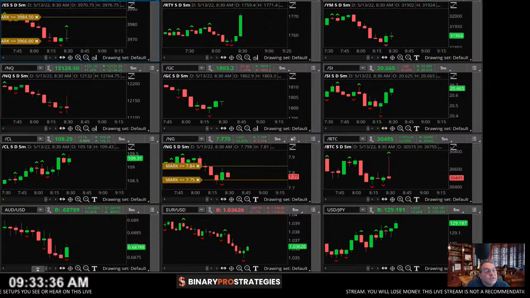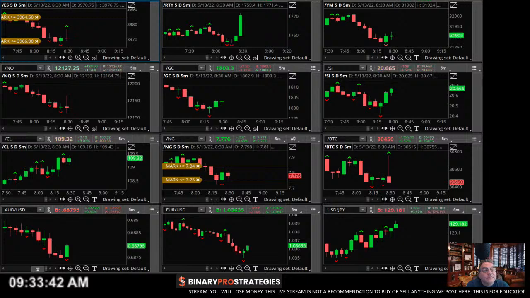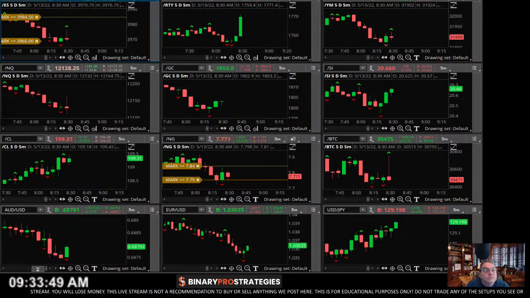So short ES. NQ, just know NQ is now getting a short. NQ once again is going to be a mini NASDAQ, which is also called US Tech.